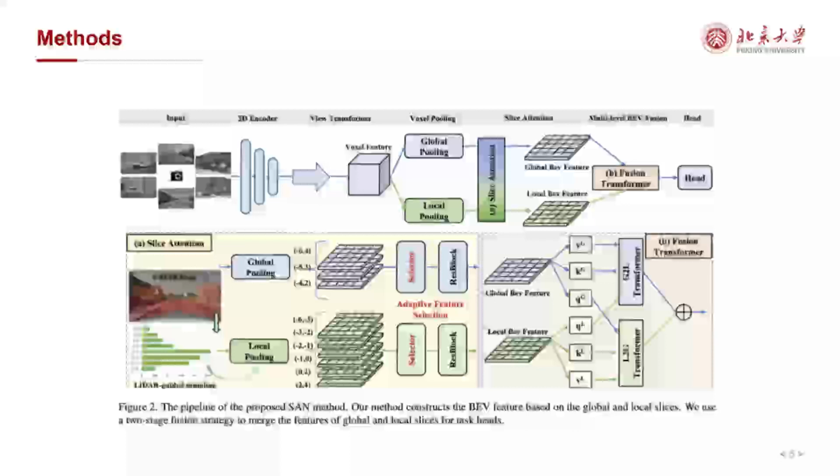We also predict the depth distribution map for each input image. Then we project the camera features to the view frustum and construct the flattened BEV feature with the proposed Slice Attention module. In the Slice Attention module, we construct the BEV feature based on the global and local slices. We use a two-stage fusion strategy to merge the features of global and local slices for task heads.